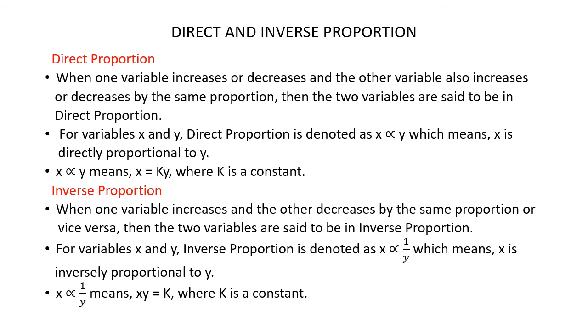So what is an inverse proportion? When one variable increases and the other decreases by the same proportion, or vice versa, then the two variables are said to be in inverse proportion. For variables x and y, inverse proportion is denoted as x is proportional to 1/y, which means x is inversely proportional to y.